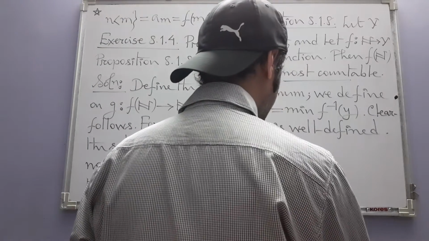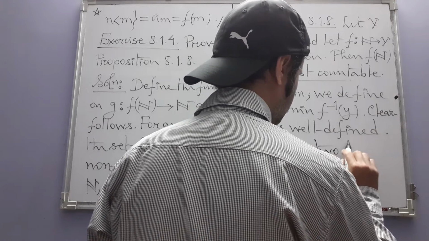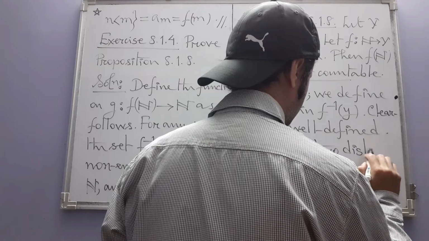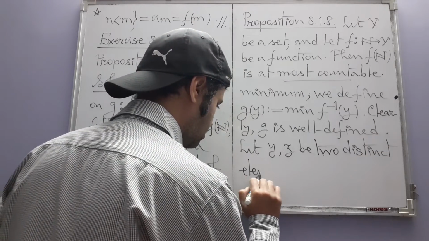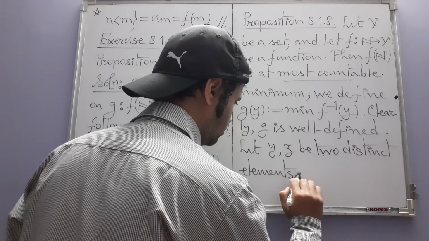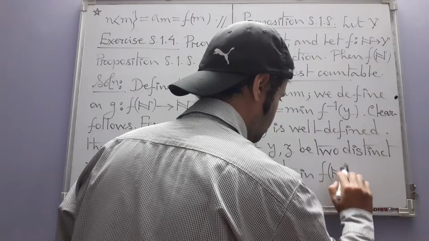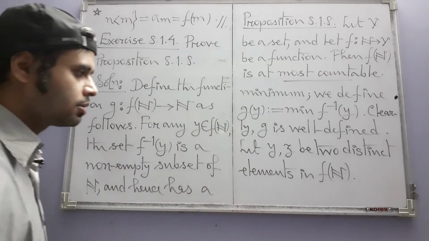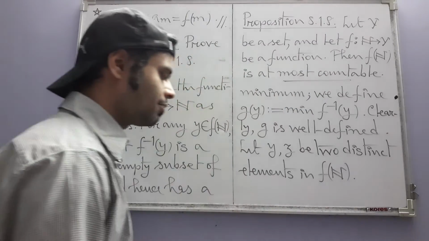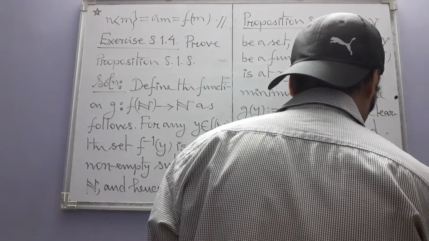Let y and z be two distinct elements in f of n. Two distinct inputs for g. We need to prove that g of y and g of z are different natural numbers.